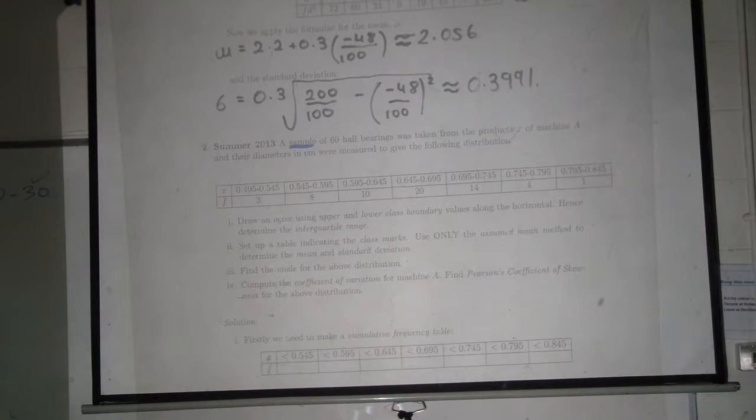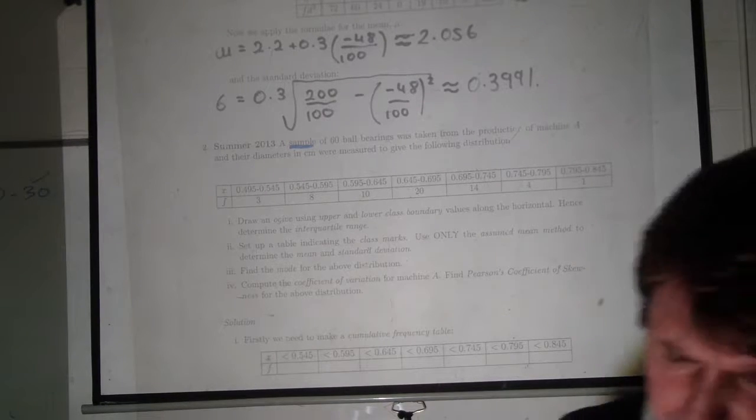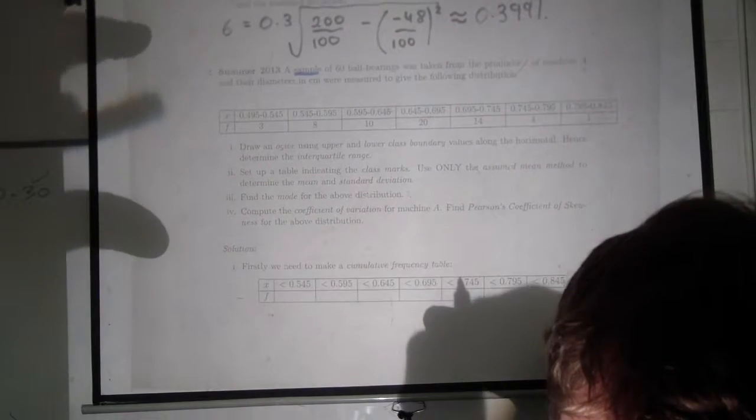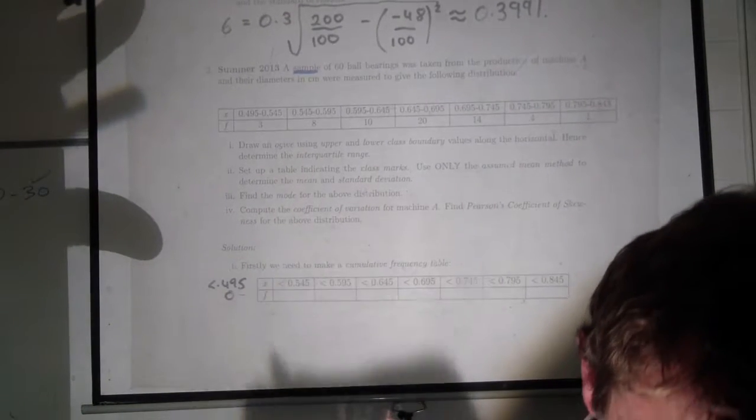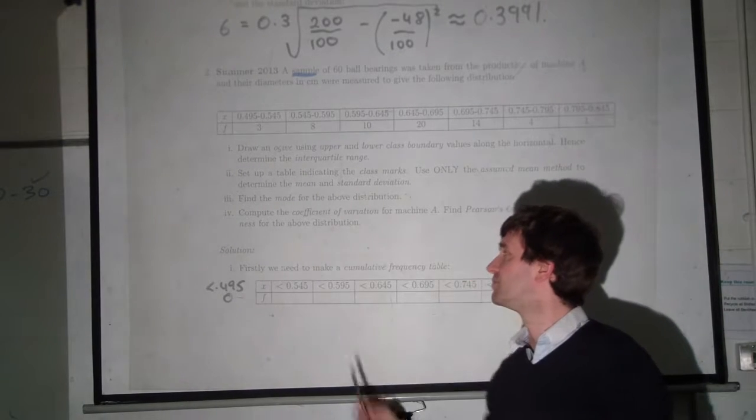I'm going to add one more thing to this one, which is less than 0.495. How many of the data points are less than 0.495? 0. Now, of course, some of us are probably going to do an ogive, so there's no harm doing it again. It helps your graph to do this one.